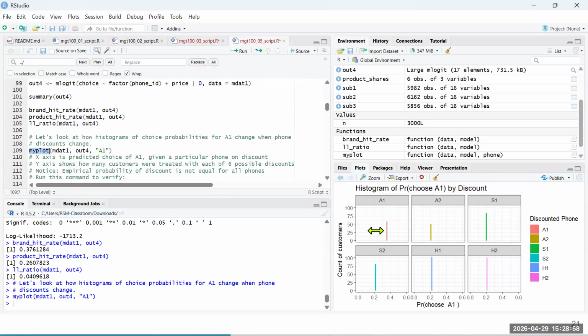And so what you see is degenerate distributions of choice probabilities because the homogeneous demand model assumes all customers have the same preferences and therefore have the same choice probabilities.